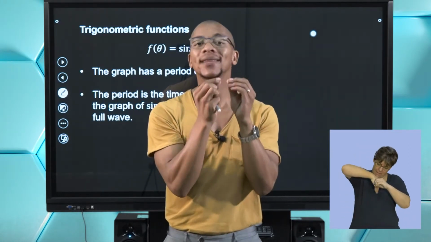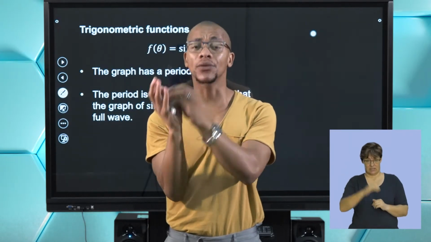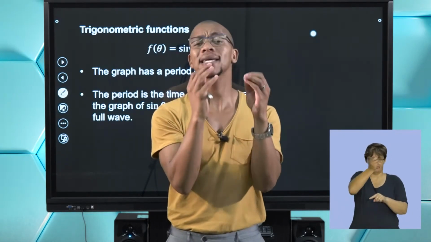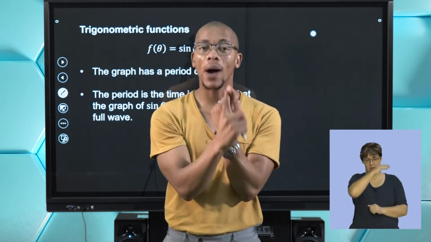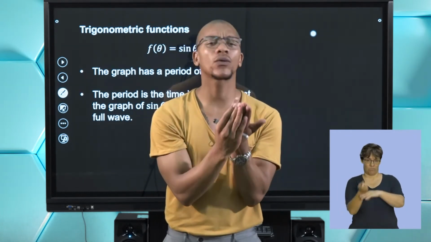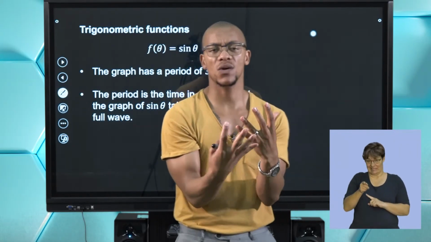So that's what the period is. So the period will be the time in degrees, right? Or the distance in degrees it takes for the graph to complete one wave or to complete one rotation, however way you want to say it. So that's what the period is all about.